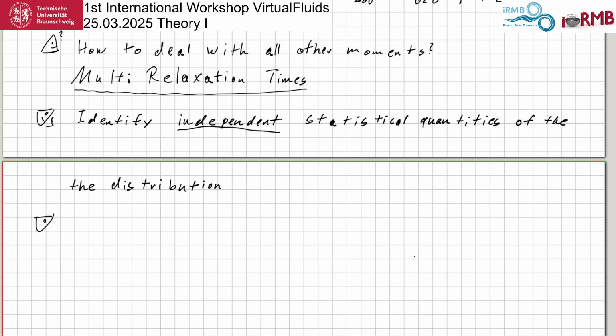I write this down because this is so important: only independent quantities can evolve on different time scales.